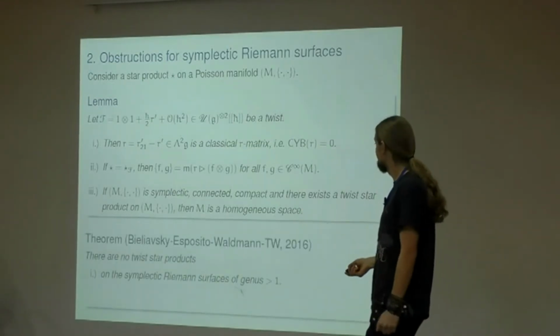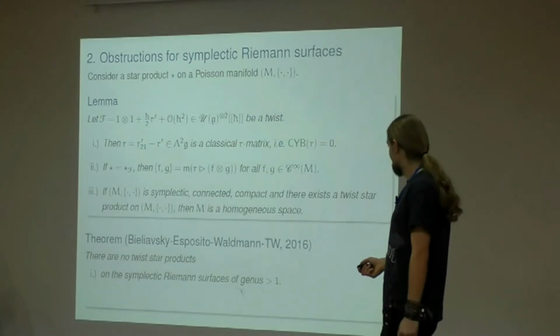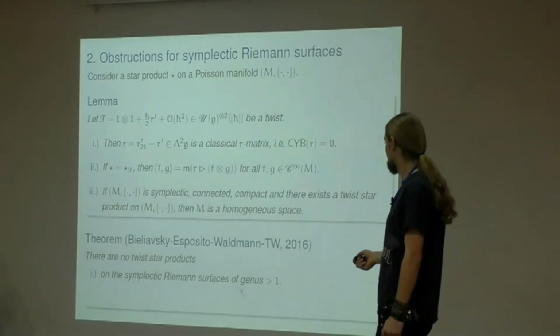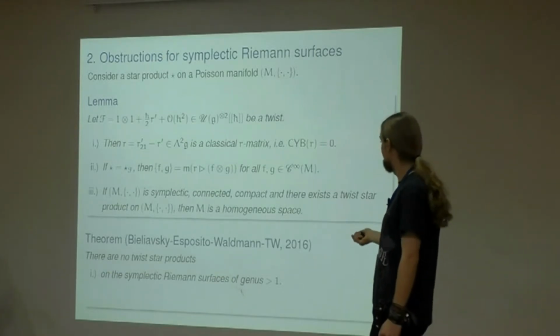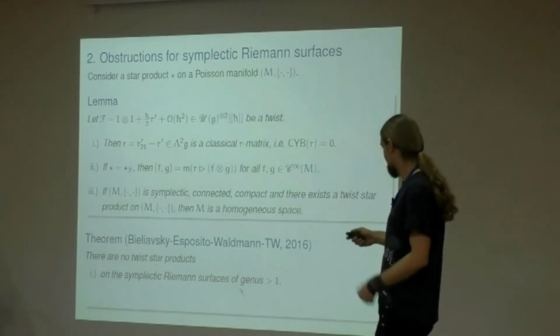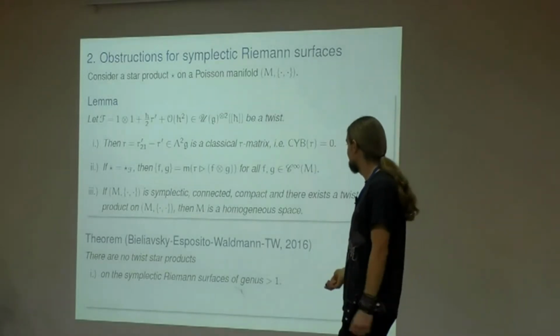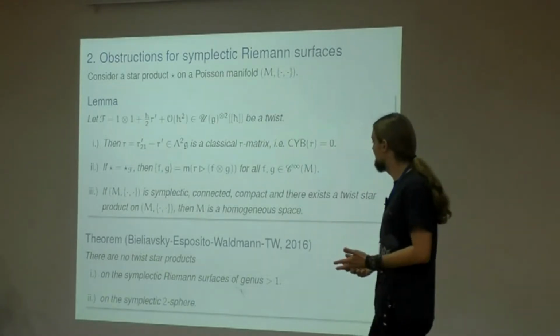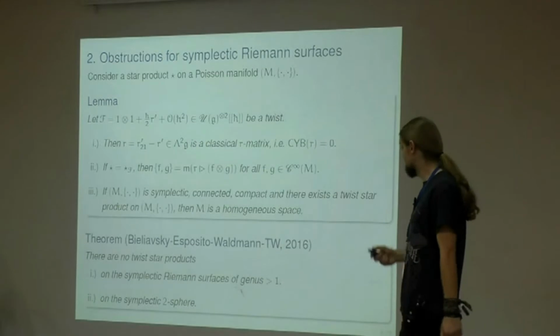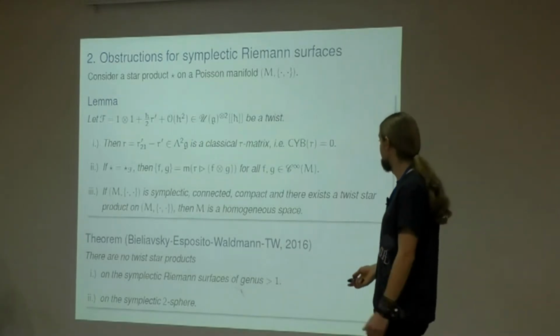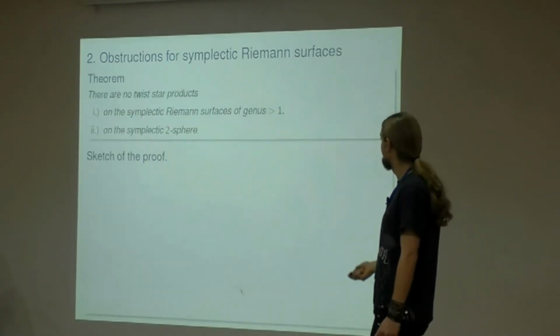And using this, one can see that you cannot have any twist star product on the symplectic Riemann surfaces of genus greater than 1. I will tell you how this works. And with a little bit more work, you can also see that there is no twist star product on the symplectic 2-sphere.